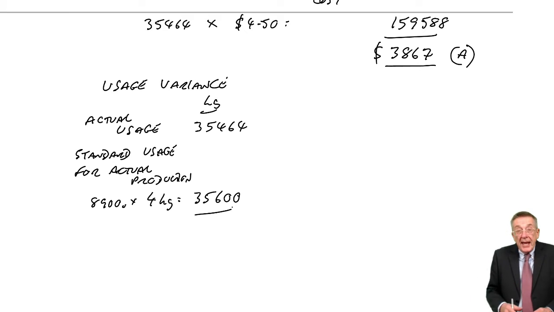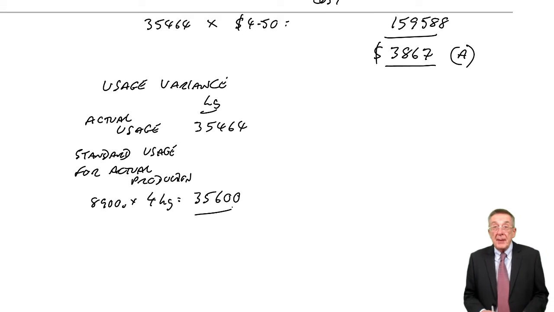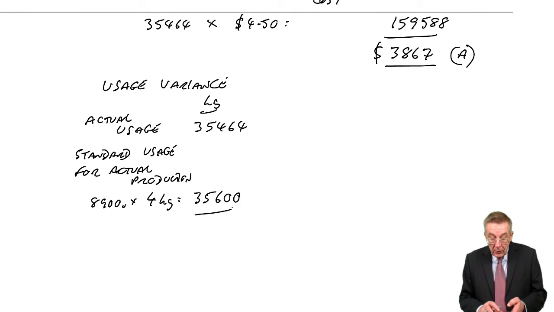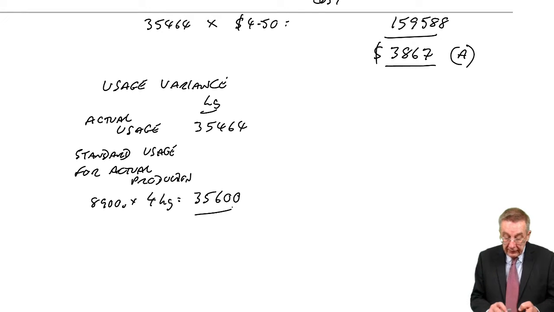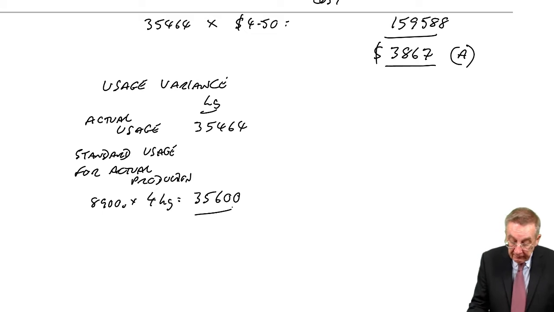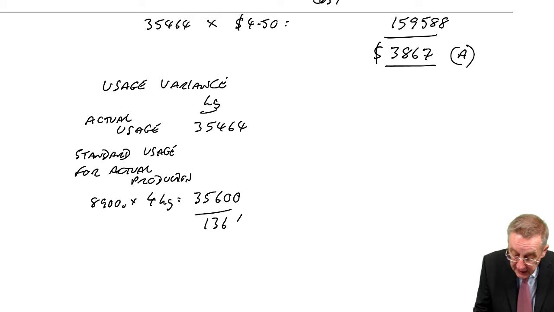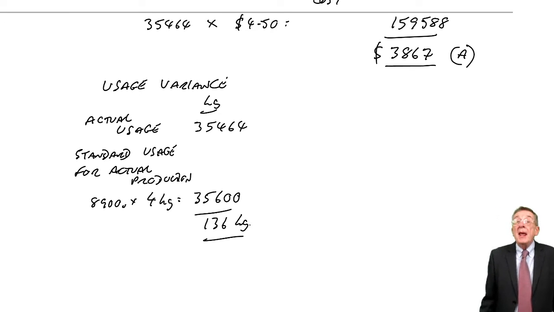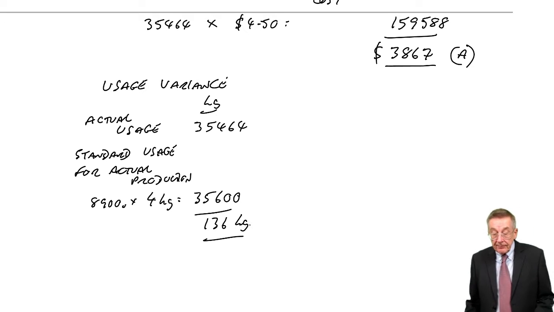And so here we've actually saved a bit. We've managed to use a bit less material, perhaps we wasted a bit less than we expected. But we've saved the difference of 136 kilos.